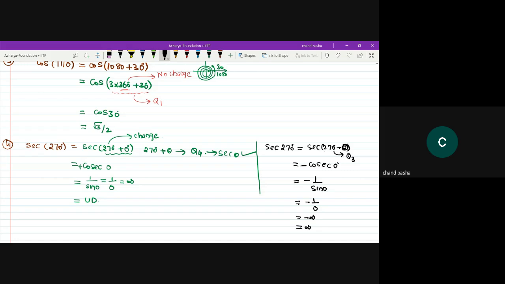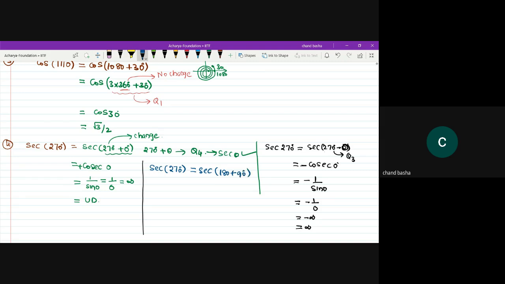Please be careful, guys, because this type of concept will create a problem for us. You know the values of trigonometric ratios for 90: sine 90, cos 90, tan, cot. Now I can write it as secant of 180 plus 90.